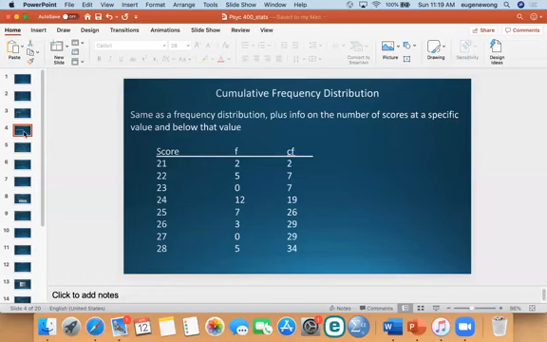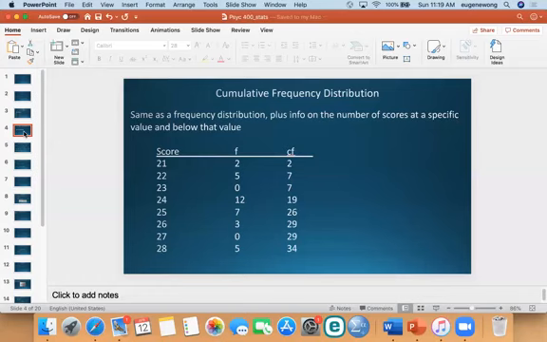And that's, again, the whole idea here. We're using statistics to describe a large set of data in a way where it's easier for us to understand what the data happens to be. So that is our cumulative frequency distribution.